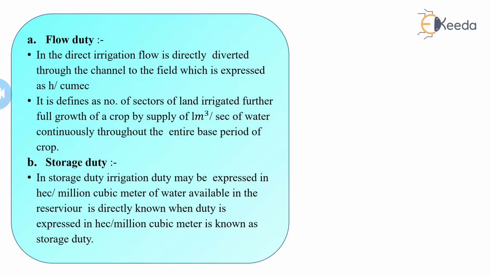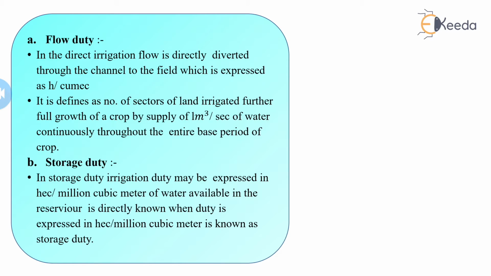This duty of water is expressed in the following four ways. First is by the number of hectares that 1 cubic meter per second of water can irrigate during the base period.